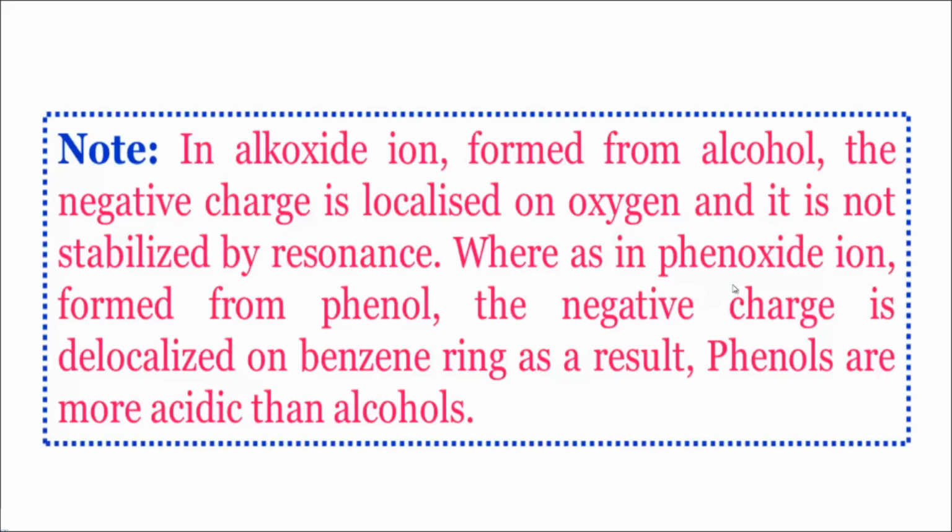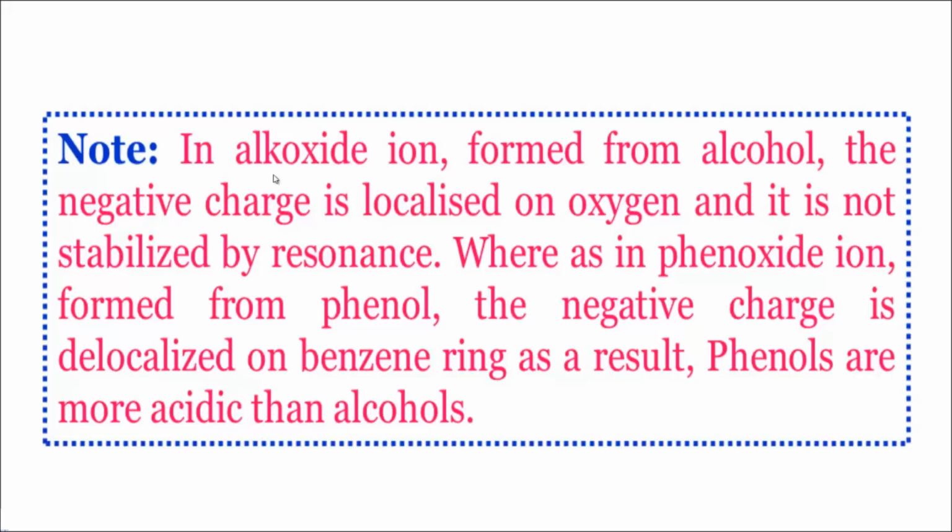Whereas in a phenoxide ion, this phenoxide ion formation we have learnt earlier, the negative charge is delocalized on the benzene ring. So the moment the negative charge gets delocalized on the benzene ring, the stability of the phenoxide ion increases and phenols therefore become more acidic.